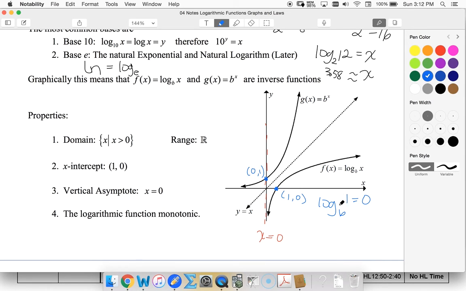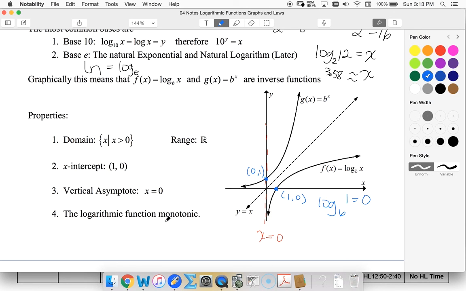Here's the answer that we're getting out, so we can only put positive numbers in. So x greater than 0. My answer, though, the exponent, could be positive or negative. Our range is all reals because the exponent can be positive or negative.